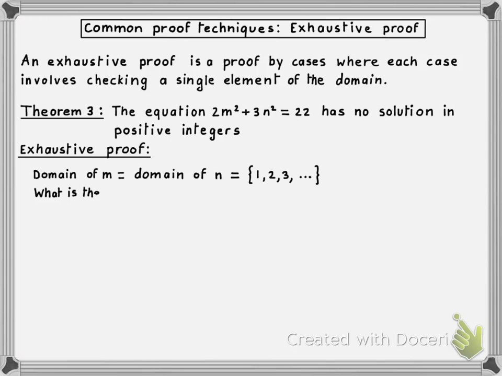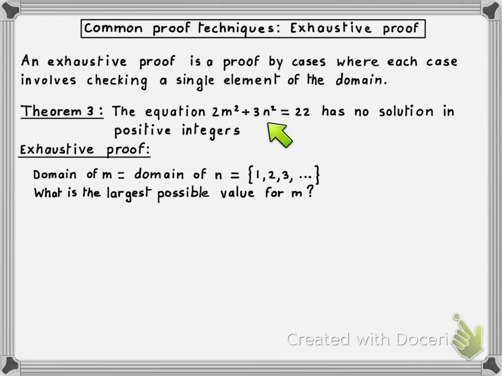So what is the largest possible value for m if m and n are solutions to this equation? Well, the largest value for m will be obtained for the smallest value of n, and the smallest value of n is 1. So let's plug that in here. 3 times 1 squared is 3.